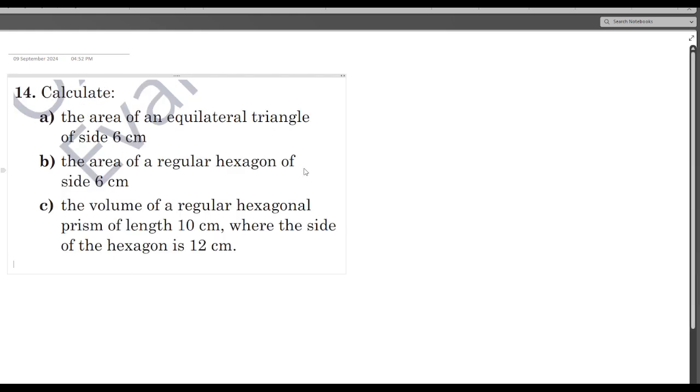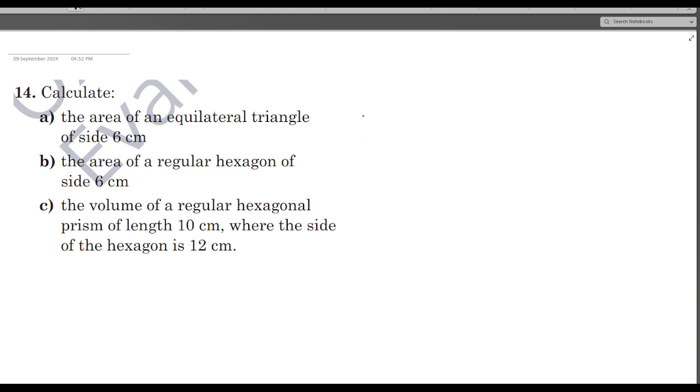Question number 14 is calculate the area of equilateral triangle of side 6. For equilateral triangle, each angle is going to be 60. Each side is going to be 6.